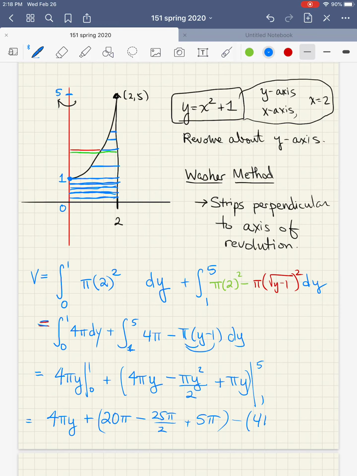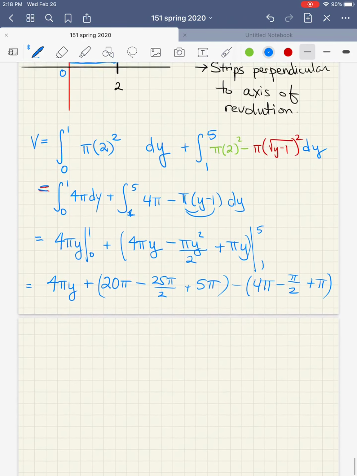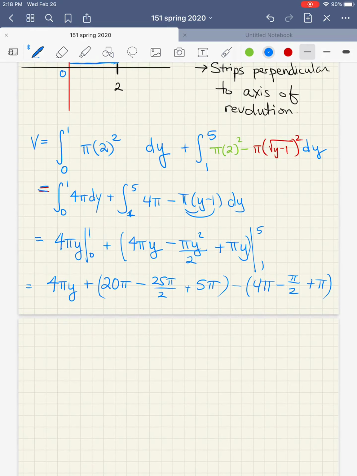So I'm going to subtract 4 pi minus pi over 2, and then I'm going to add pi at the end. I didn't mean a y here, I meant a 1. So at the very end, if I combine all the pi's, I've got 4 and 20, that's 24, and 5 is 29. Then I'm going to subtract 4, that's 25. I'm going to subtract 1, so I think I get 24 pi.